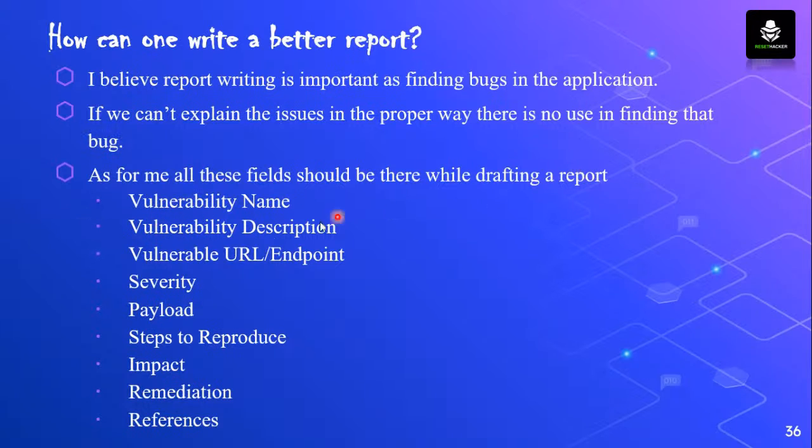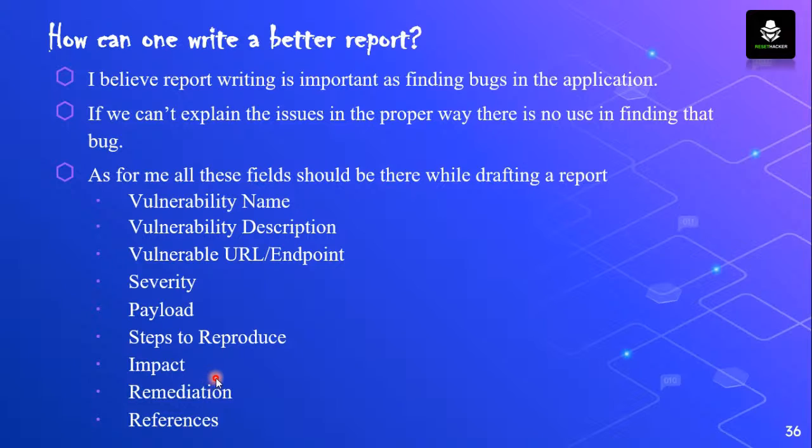In my opinion, these points should be mentioned. Vulnerability name should be there. Description should be there. A vulnerable URL or endpoint should be there. Severity, payload, and steps to reproduce should be given properly, so that the triager sitting in front can follow the steps and reproduce the same vulnerability within a short time.